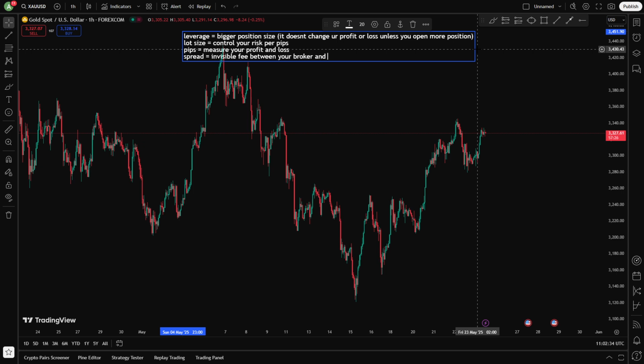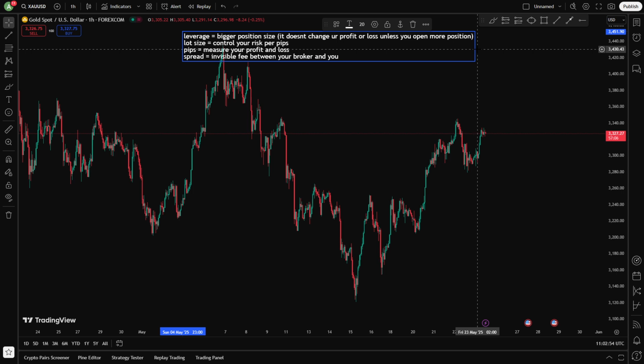Now every broker has a different spread, and some brokers also offer a zero spread account, but they charge commission for it, and they usually have something extra that you have to do, unlike using a standard account.